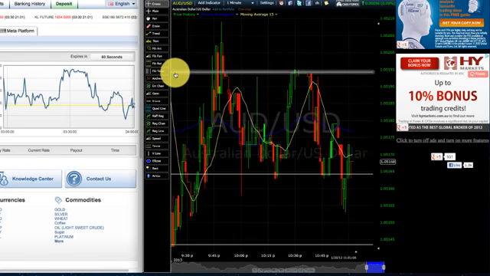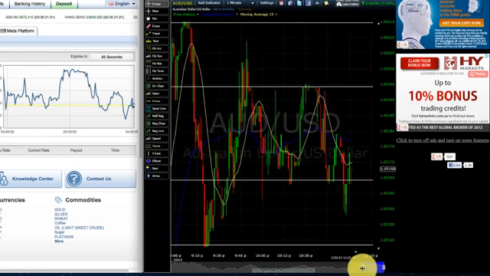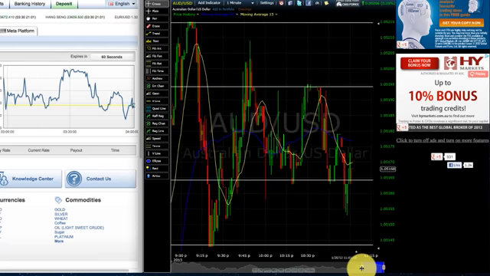Also here I've put in some resistance and support lines. If you don't know what these are, I suggest you check my site in the guide section, where you can find more information about support and resistance lines. Basically, it's where the price doesn't seem to be able to punch through a particular price.